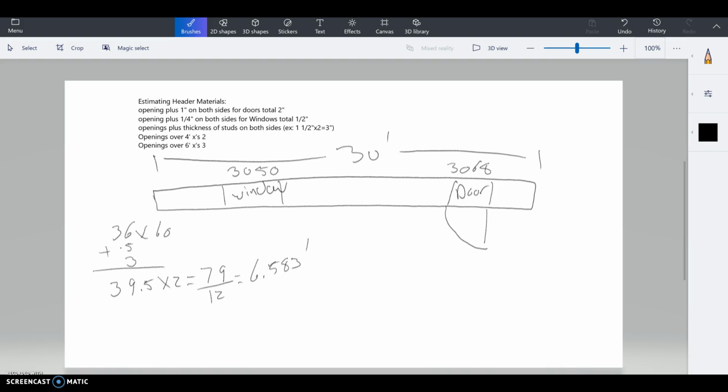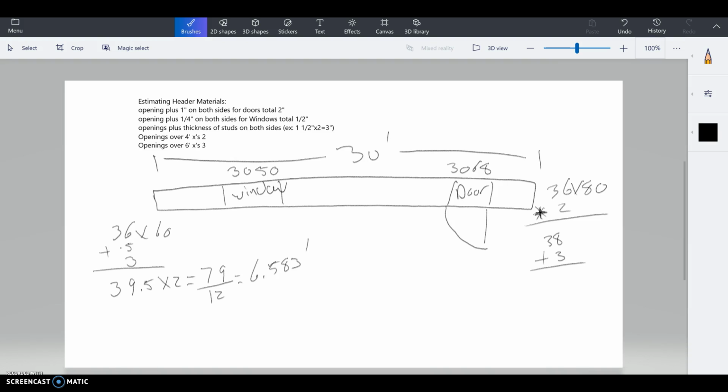For the door, it's going to be the same thing, 36 by 80. So here I'm adding 2 inches, so 38 plus an additional 3 inches for the thickness of the trimmer studs themselves.